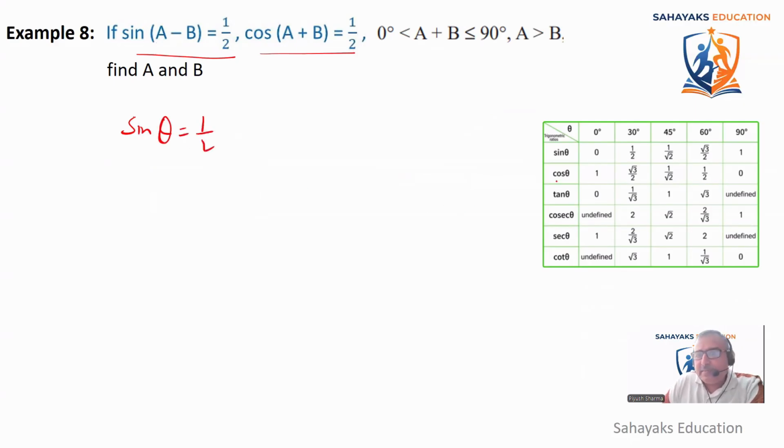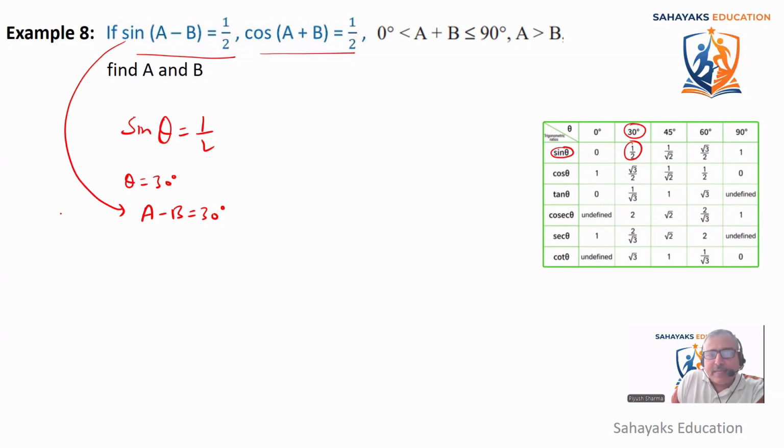If you see from here, theta should be 30 degree, for which sine is 1 by 2. So I can say A minus B is equal to 30 degrees, because they have mentioned sine A minus B is equal to 1 by 2.